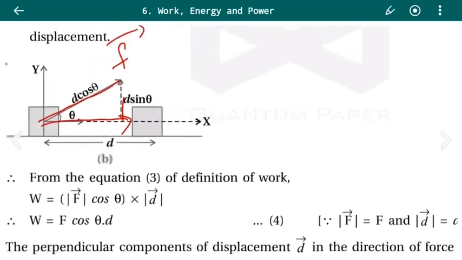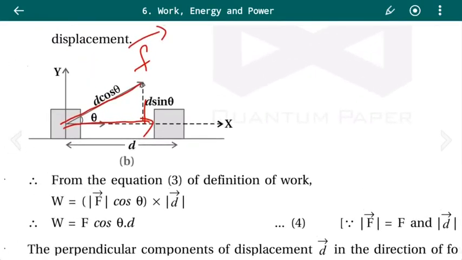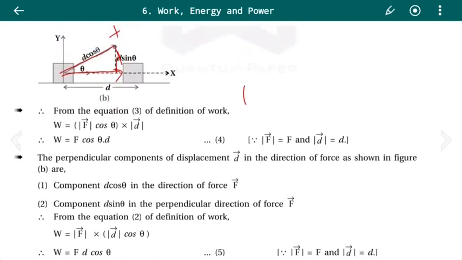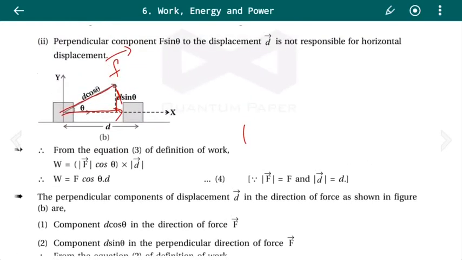So here you can see the displacement D sin theta is perpendicular to the direction of the force.